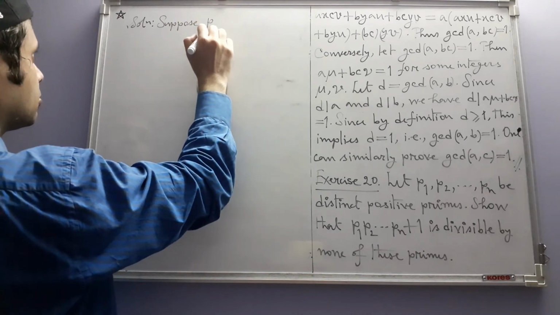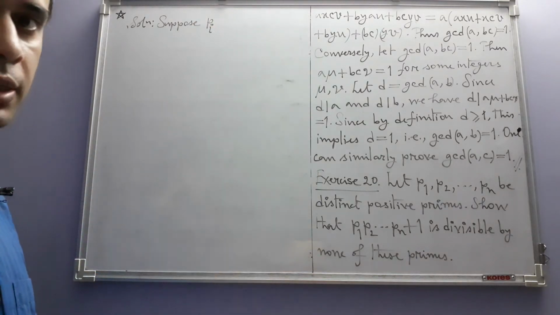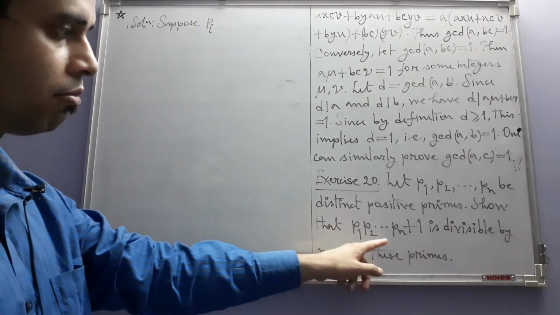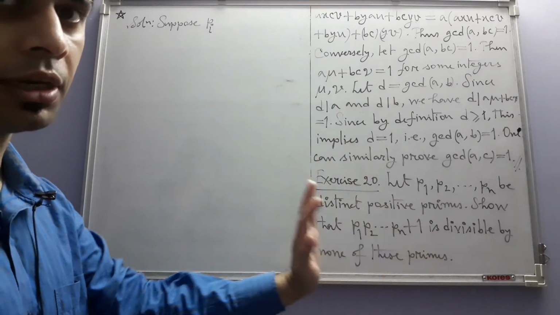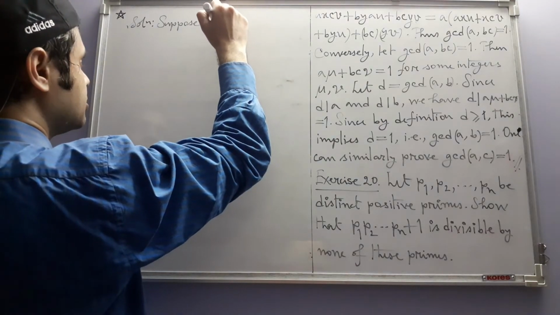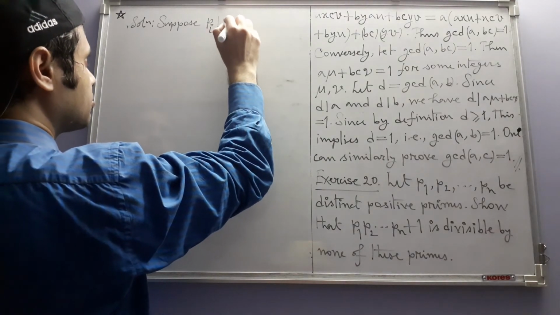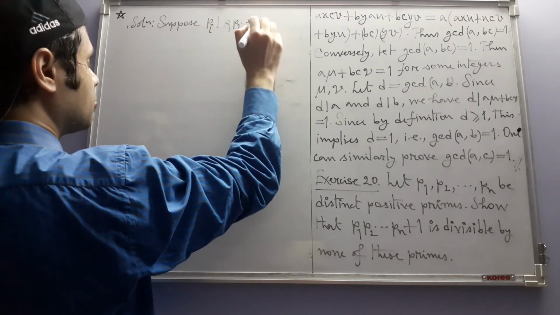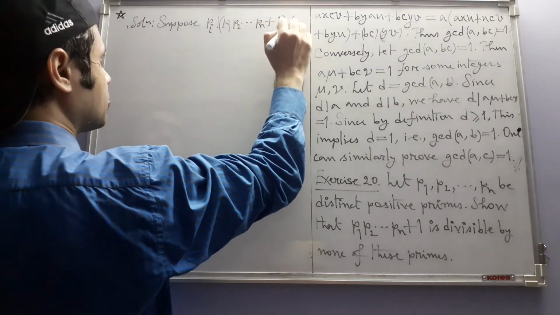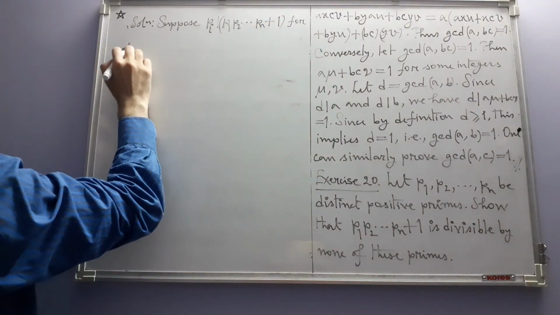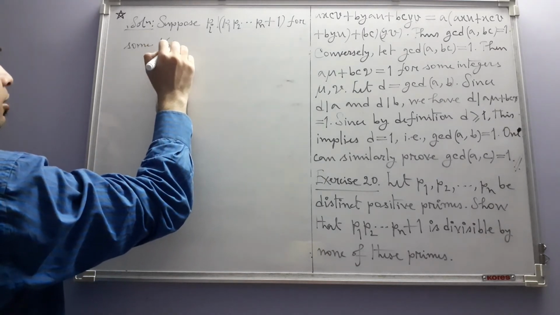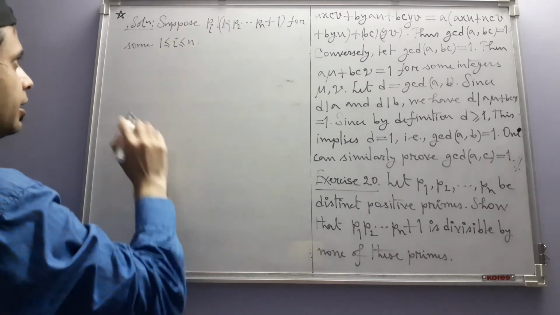Suppose, to the contrary of what we have been asked to prove, we will suppose the exact opposite. We will suppose that one of the primes divides this given number and then arrive at a contradiction. Suppose pi divides this number for some i lying between 1 and n.